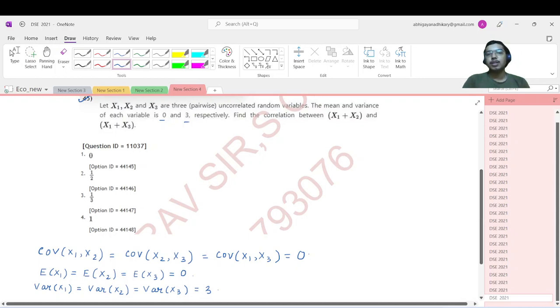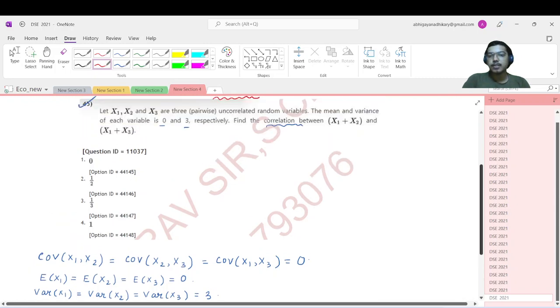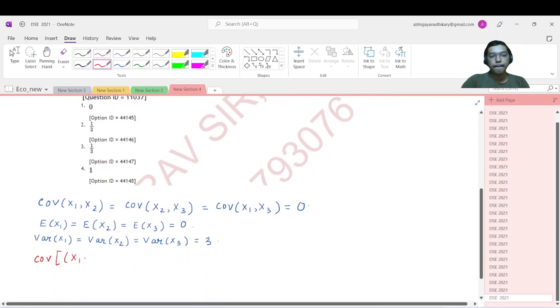So we need to find the correlation between x1 plus x2 and x1 plus x3. Before finding the correlation, let us first calculate the components. The covariance between x1 plus x2 comma x1 plus x3. Let's calculate that first.